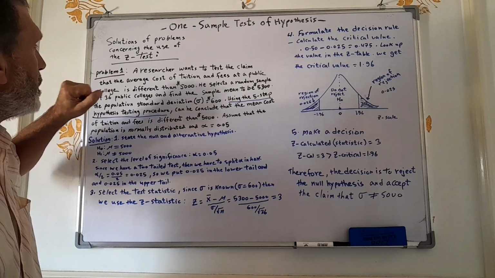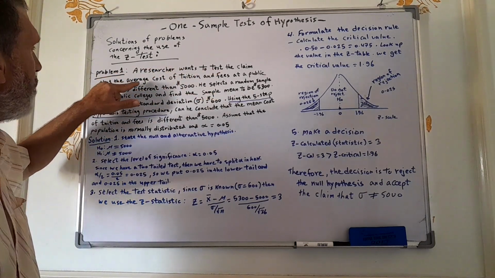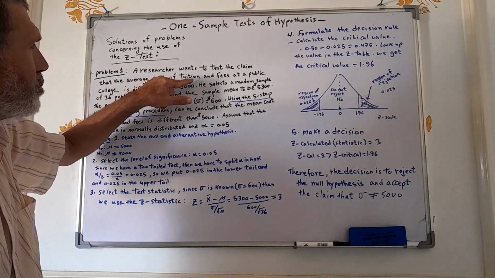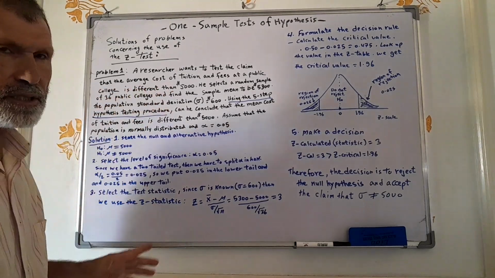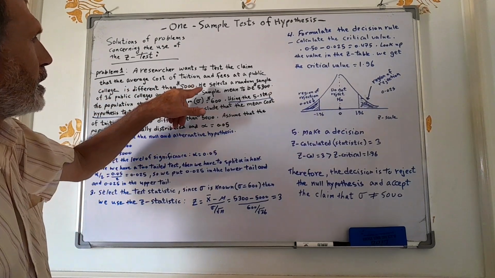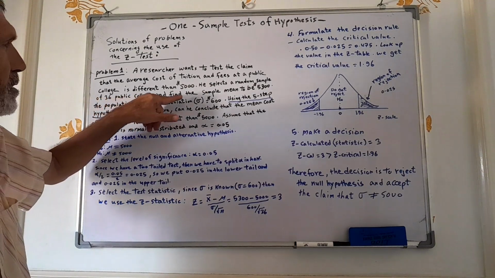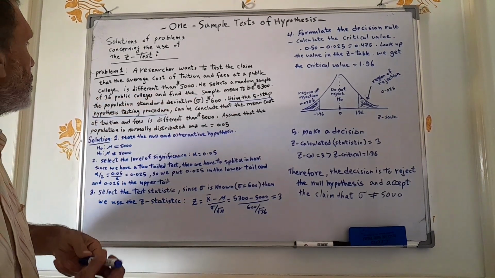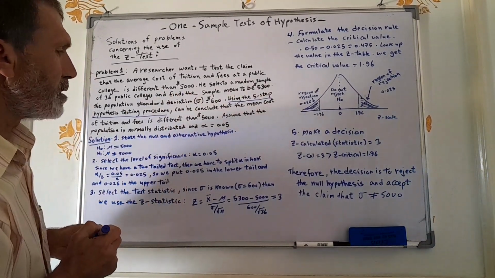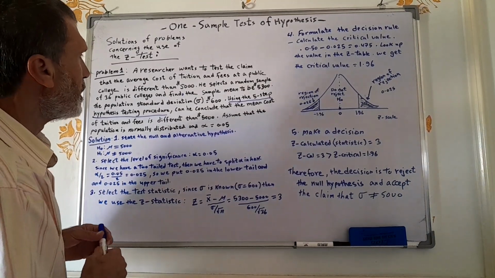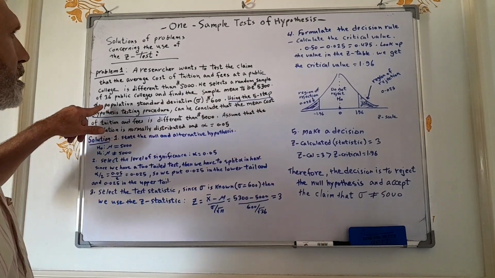Problem number one says a researcher wants to test the claim that the average cost of tuition and fees at a public college is different than $5,000. This is the claim. He selects a random sample of 36 public colleges and finds the sample mean to be $5,300.